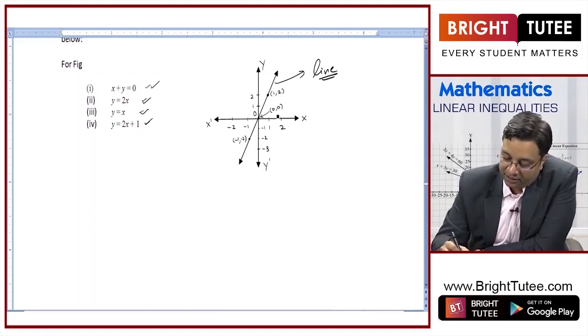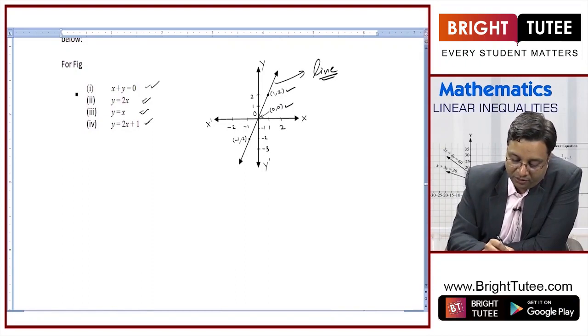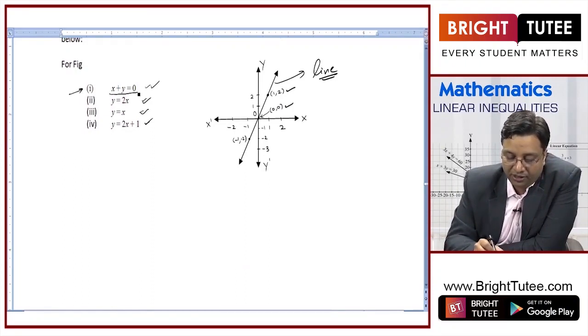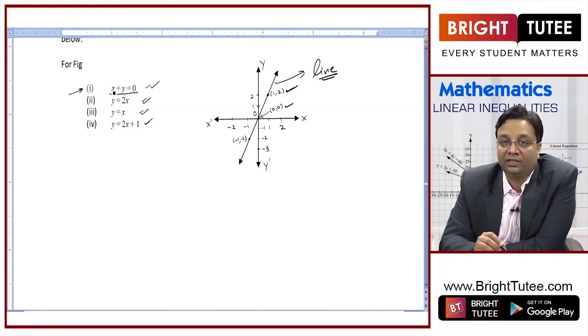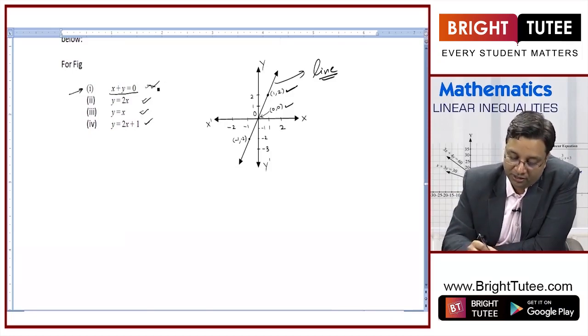Okay, so let us check these 2 points (0, 0) and (1, 2). Let us focus on the first part here. If I put x equal to 0, y equal to 0, this will give me 0. So yes, this point satisfies it. But let me check this point now, (1, 2). If I put x equal to 1 and y equal to 2, the left hand side will be 3, which is not equal to right hand side. So this is not the option.